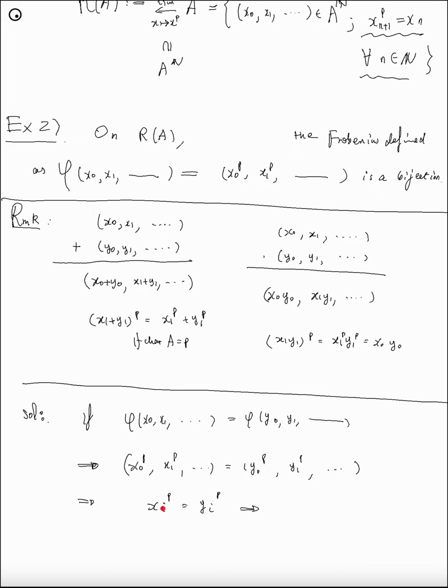This is telling that x_i minus y_i, by the fact that this element is taken from R_A, works for any i, for any i bigger or equal than 1. And so this is telling you that x equals y. Call this x, call this y. And so it is injective.